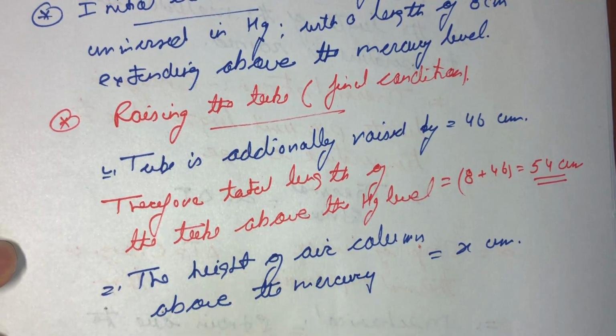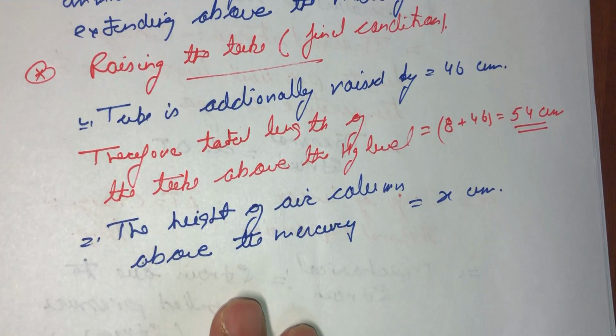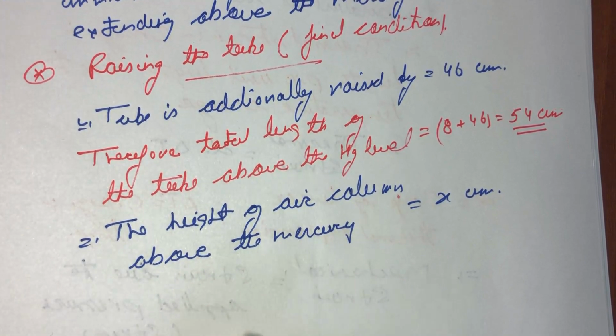Therefore, the height of the mercury column inside the tube will be equal to 54 minus x.